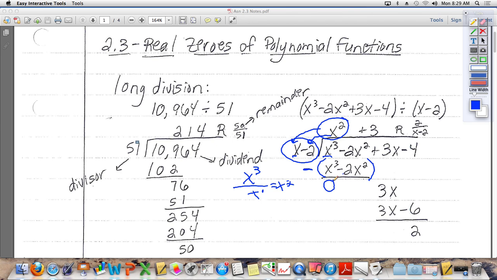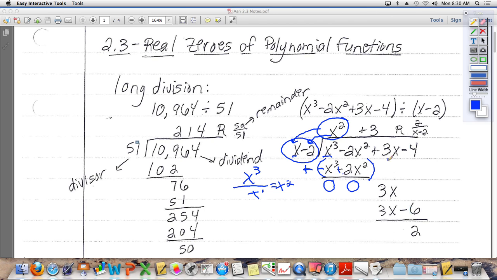I'm going to change this minus sign to a plus sign, and then everything after it, I'm going to switch signs. So now maybe it's easier to see that you have an x cubed minus x cubed. That gets you 0x cubed. And then we have a -2x squared and a positive 2x squared. Those cancel out, giving you nothing again. So we have nothing here.